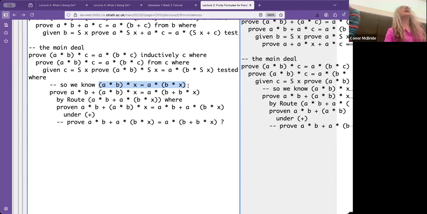So what I'm saying is we're working inductively, which means whatever variable we pick to work inductively on, we have to prove the statement for that variable, but we are allowed to assume the statement for everything smaller than that variable.